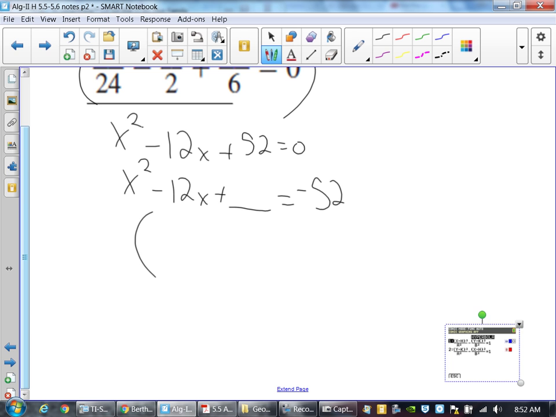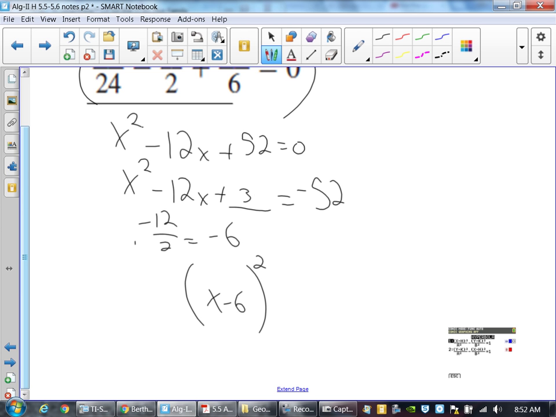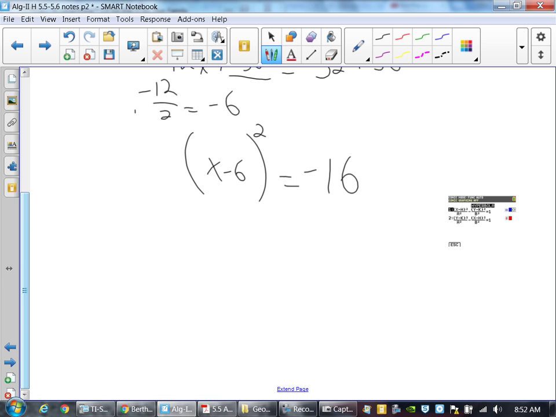So we have half of B here is negative 12 over 2, which is negative 6. Drop it to our parentheses, square it, and we get a 36. Add that together, what is that? Negative 16, I think? Yeah. So we have negative 16. So what's the square root of negative 16?